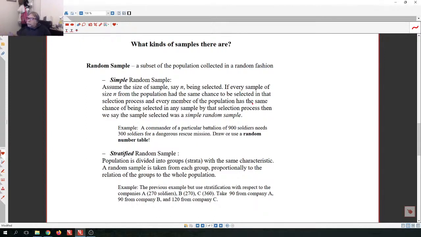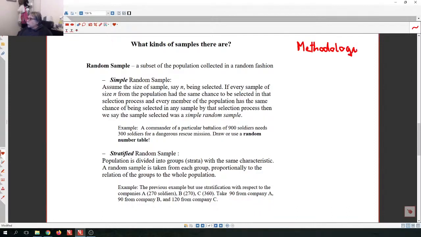So we have two things here. We have a methodology of collecting a sample and the ultimate result. So you have to be aware of the difference here.